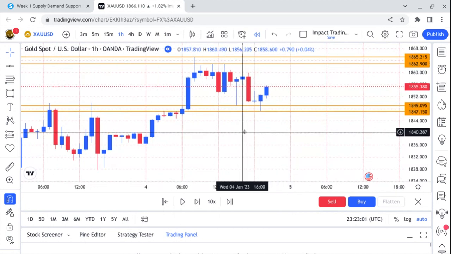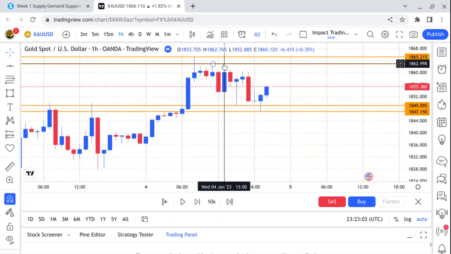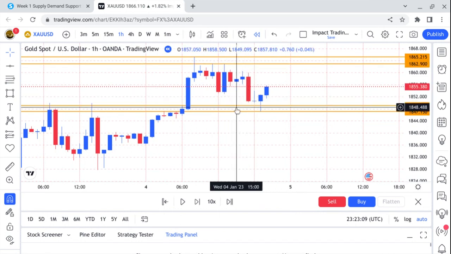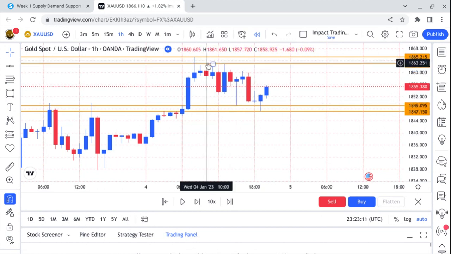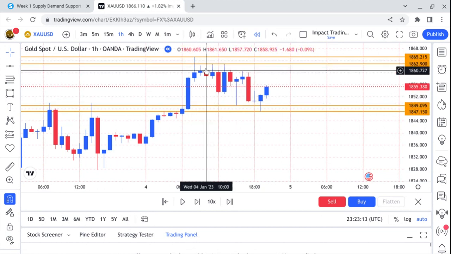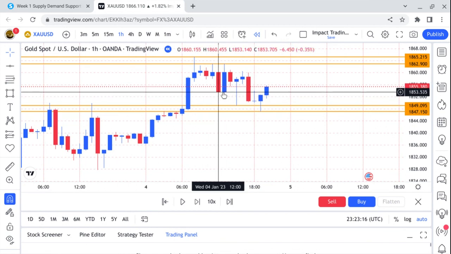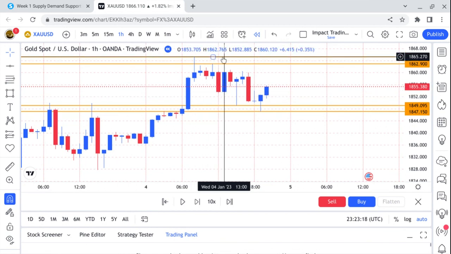So we know the New York session usually goes between 2,000 and a high end of 3,000 pips. But usually the New York session is between 1,000 and 2,500 pips. So on the New York session, with the supply and demand areas that we've already drawn, again, let's be sure that we have agreement.